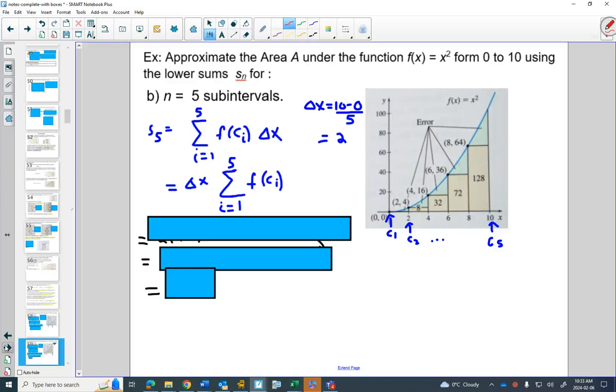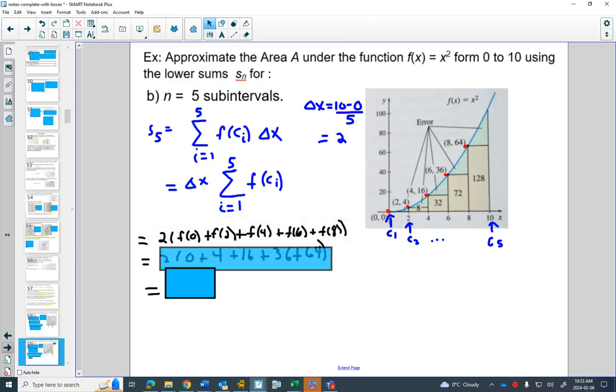And then, since it's all the lower values in each rectangle, we're going to be adding up 0, plus 4, plus 16, plus 36, plus 64. And we get 240. Which seems like a better estimate than 125.